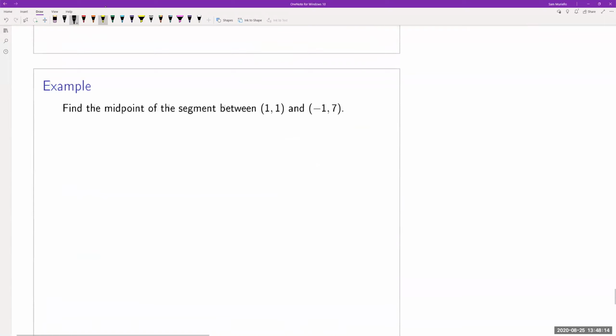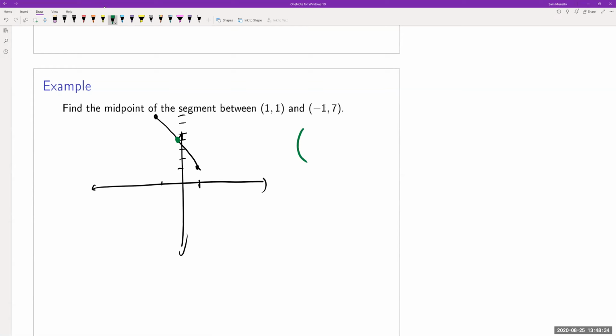So thinking about the exact same line I had before and just sketching it out to get a sense of what's going on here. There's 1, 1, and then I've got negative 1, 7. What I'm looking for is this point right here halfway. So plugging into my formula, I'm going to have the sum of the two x-coordinates, excuse me.